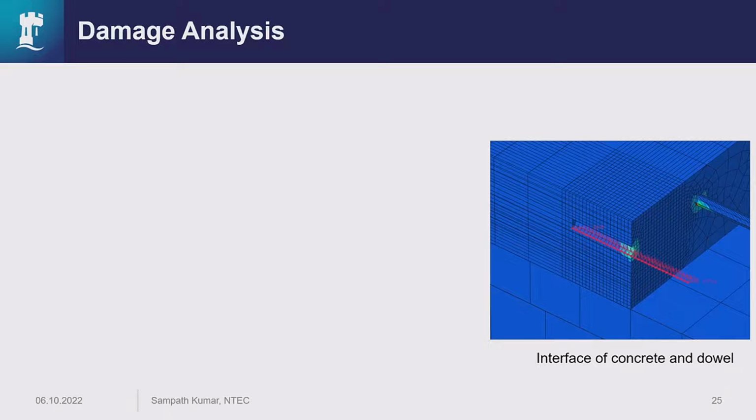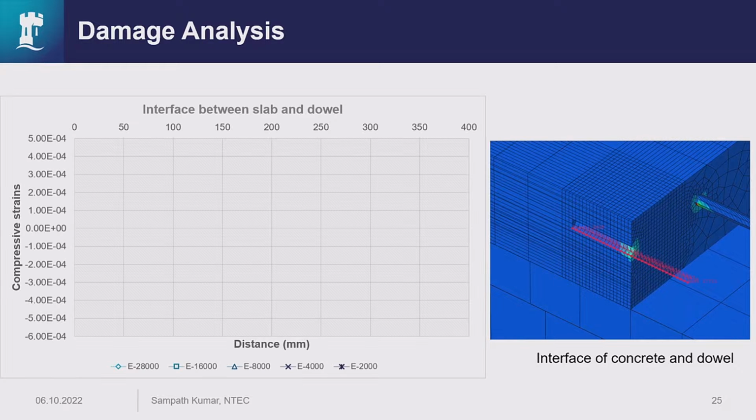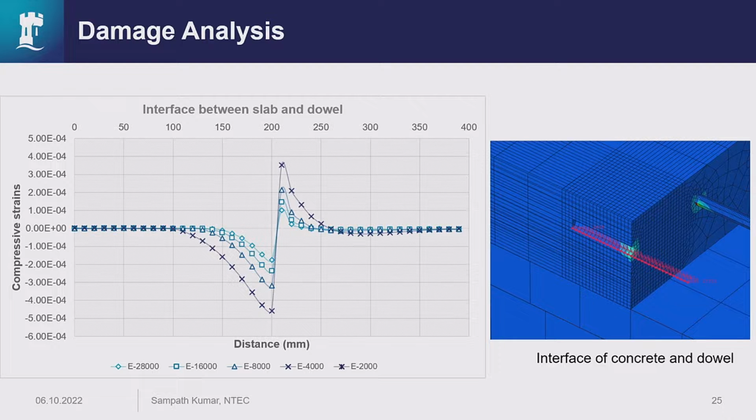The same observation holds at the interface of the slab and dowel. These are the compressive strains. With the decrease in the modulus value, you can see an increase in the compressive strains as well.